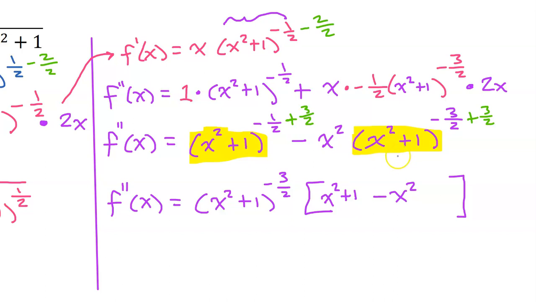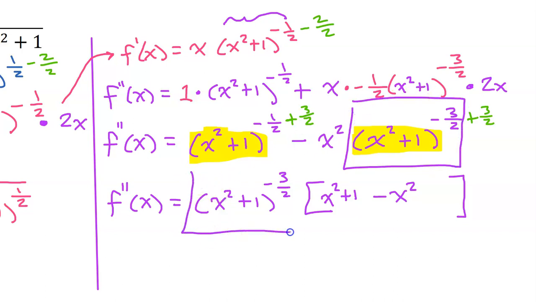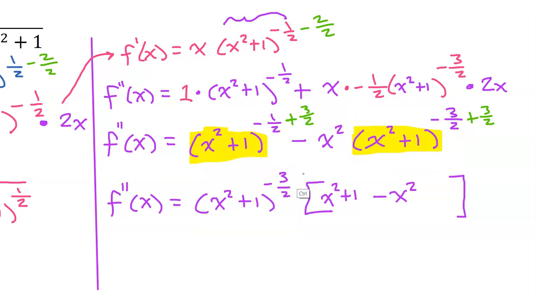You can either look at it as I took the entire thing, this x squared plus 1 to the negative 3 over 2 power, and here I have x squared plus 1 to the negative 3 over 2 power. I took the whole thing away. So that's one way to look at it. Or you can say we had negative 3 over 2 plus 3 over 2. So that's a 0 power, and anything to the 0 power is 1.